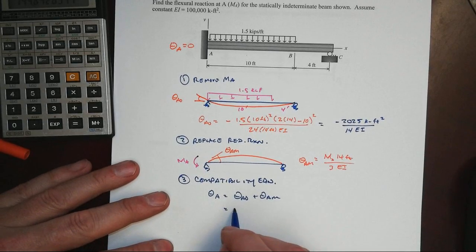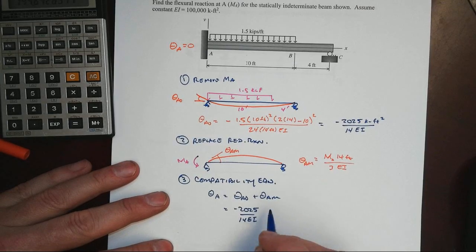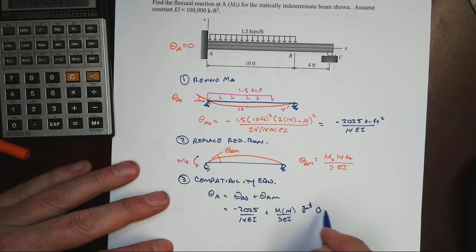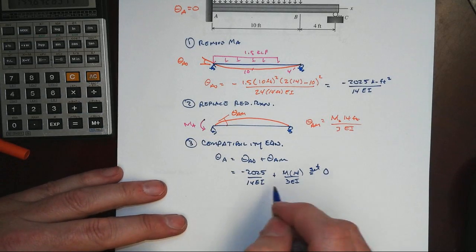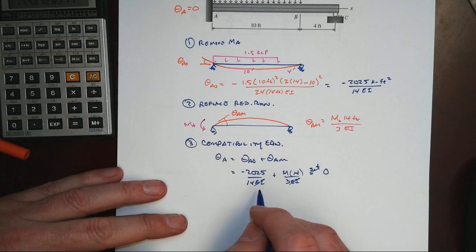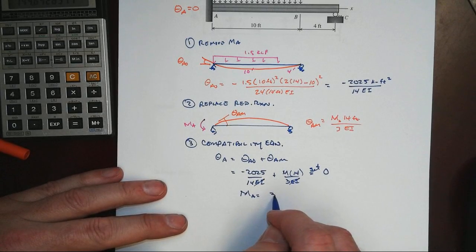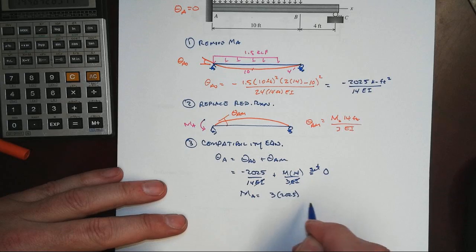And we have a minus 2025 over 14 EI plus our M times 14 over 3 EI. And we know that that turns out to be 0 in the original structure. And so now we can let the EI's get canceled out. And the moment that we seek is going to be 3 times 2025 over 14 squared.